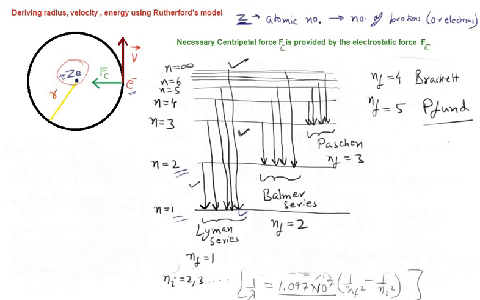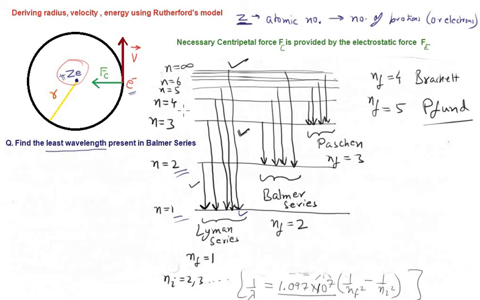The question says, find the least wavelength present in the Balmer series. This is the question. We want the least wavelength.